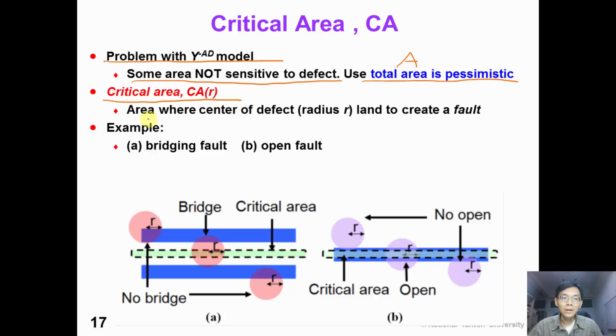CA of R means the area where the center of a defect of radius R lands to create a fault. For example, suppose we have two metal wires and the circle represents a defect.